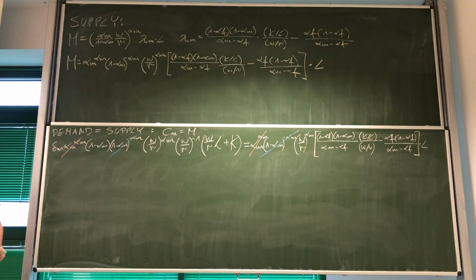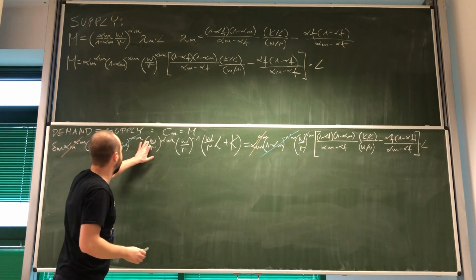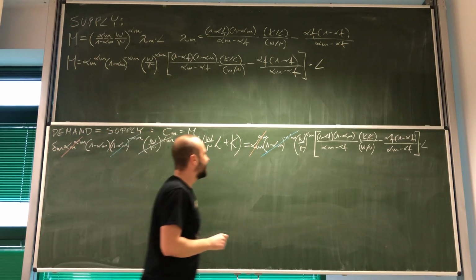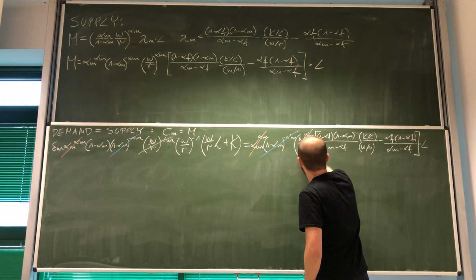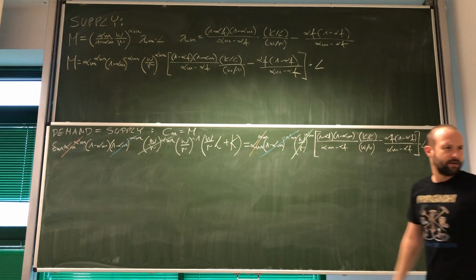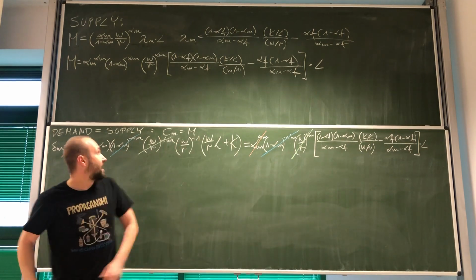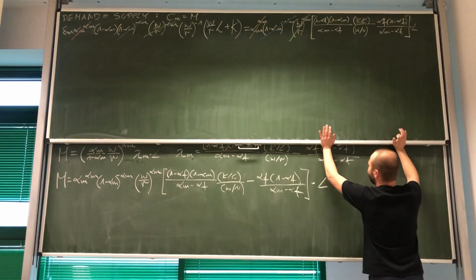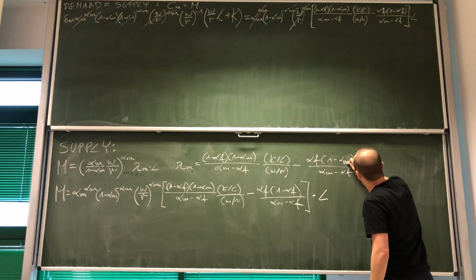Then we've got w over r to the power alpha m, and we've got w over r to the power alpha m. Okay, and I've made a mistake. I'm sorry, but it's really easy to fix. Over here should be, of course, alpha m.